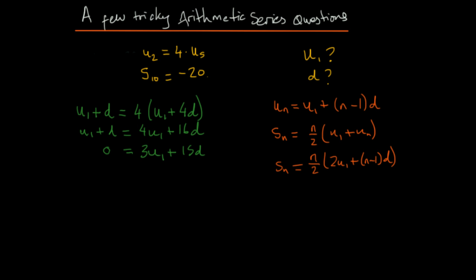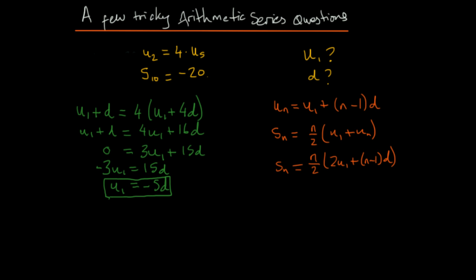So these relate like that. I can put them on different sides. If we want, we can say that minus 3u1 equals 15d, and therefore if I divide both sides by minus 3, I get that u1 is equal to minus 5d. So here I have a very easy, simple link between u1 and d. So that's already really useful.